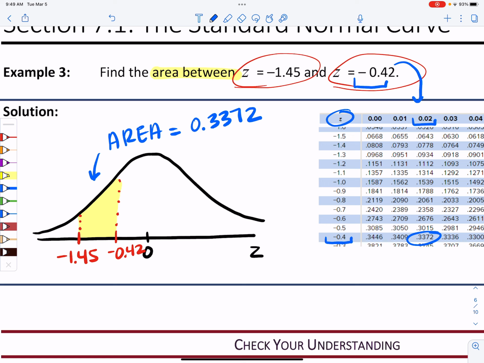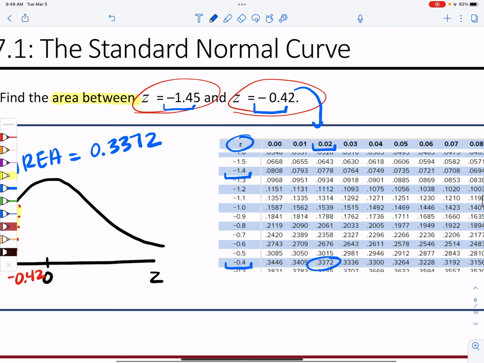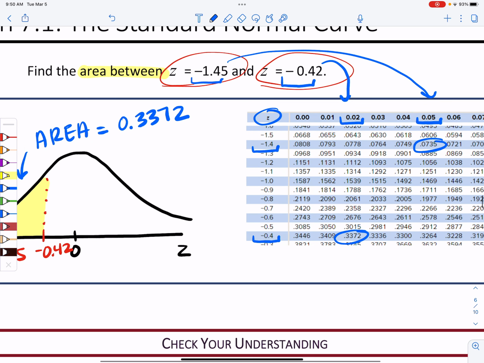Now, if I just wanted the area to the left of negative 0.42, that would be my answer. But I'm not finished because I have a second z-score to look at. My second z-score is negative 1.4, and the second decimal place has a 5. That's going to give me the area to its left at 0.0735.